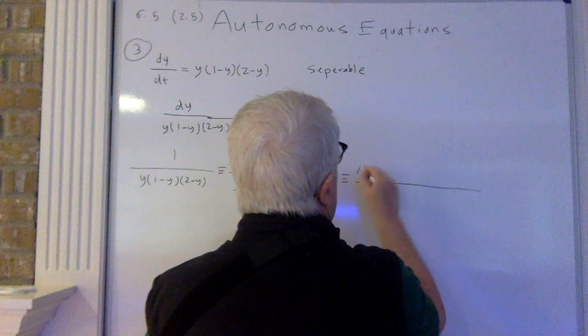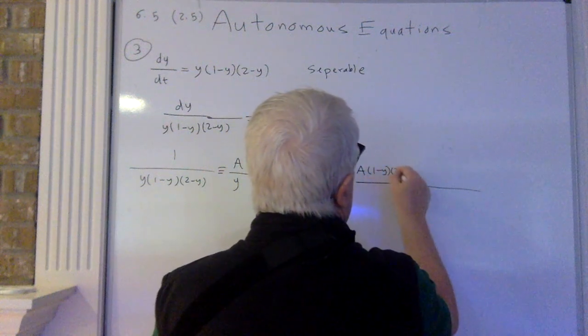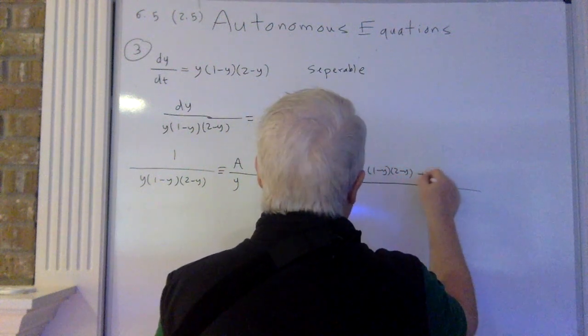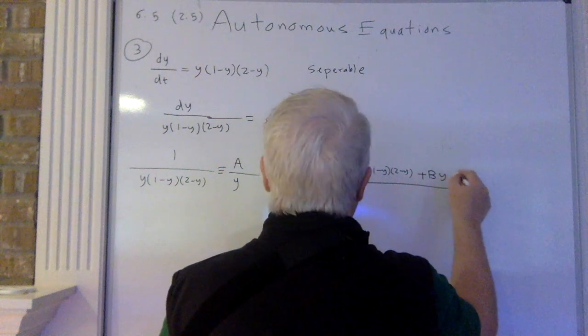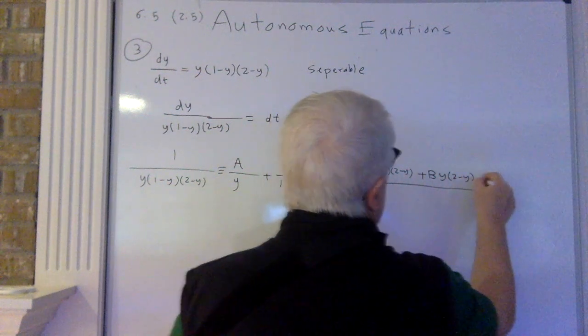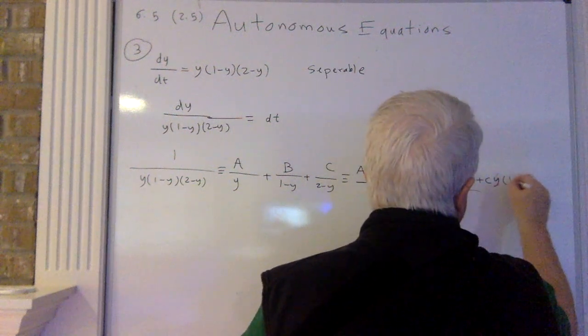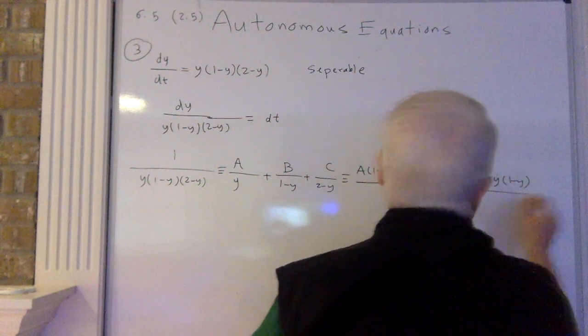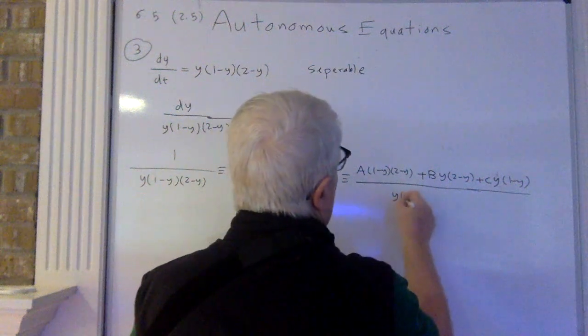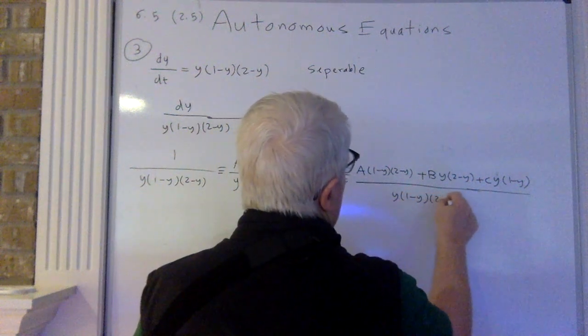That is a times 1 minus y, 2 minus y, plus b y times 2 minus y, plus c y times 1 minus y, and the denominator is y, 1 minus y, 2 minus y.